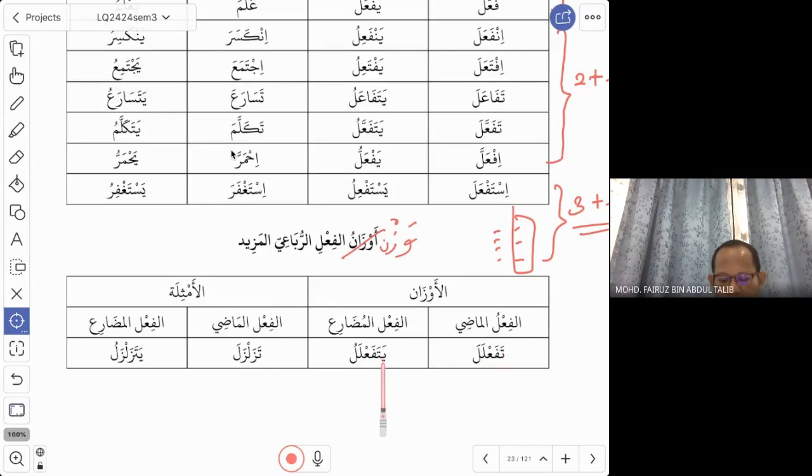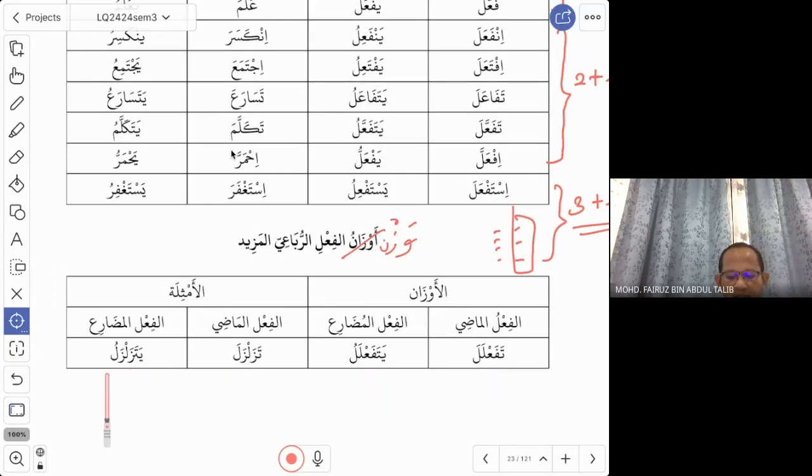And the mudari is yatafa'lalu. The example is tazalzala, from the word zalzala, to make it tremble. Tazalzala, to tremble. So tazalzalat al-ardu, the earth trembled. The earth is having an earthquake, for example. We say tazalzala, yatazalzalu.